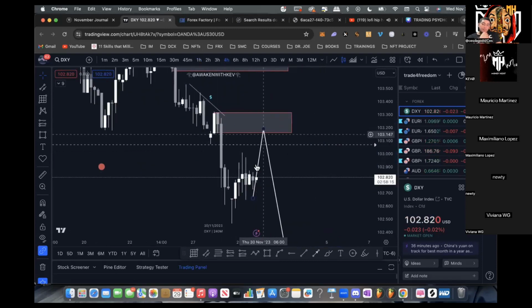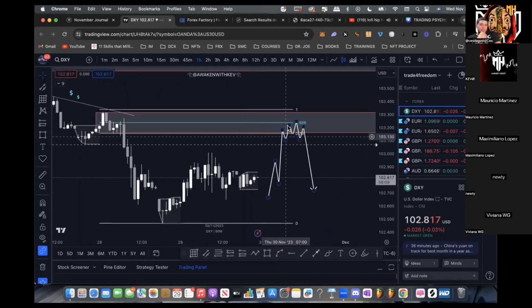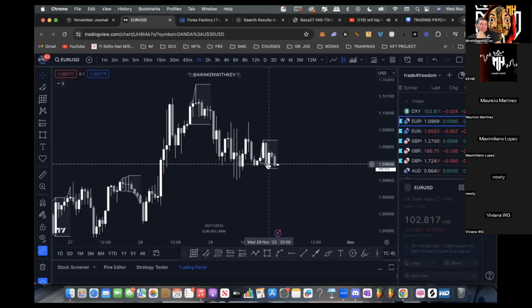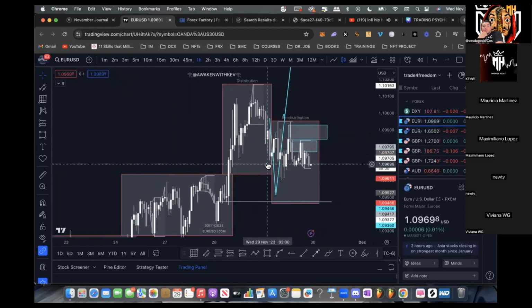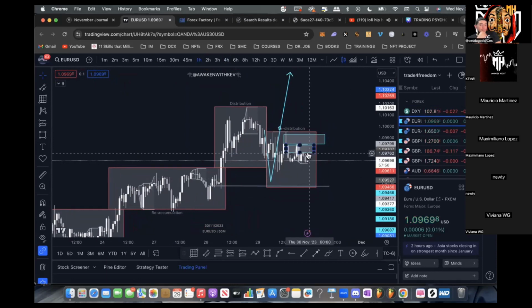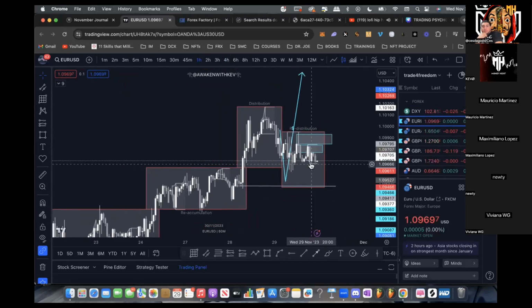We still have an imbalance of these wicks. I'm still interested to see if we work our way up and then sell off. So that's why I was looking for shorts on some of these majors.